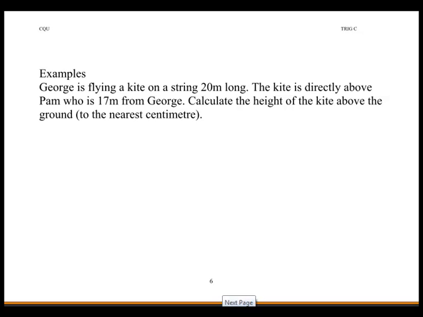So here's another one. George is flying a kite on a string 20 metres long. The kite's directly above Pam. He was 17 metres from George. Calculate the height of the kite above the ground. So what I would do is draw a picture of the situation as you see it.